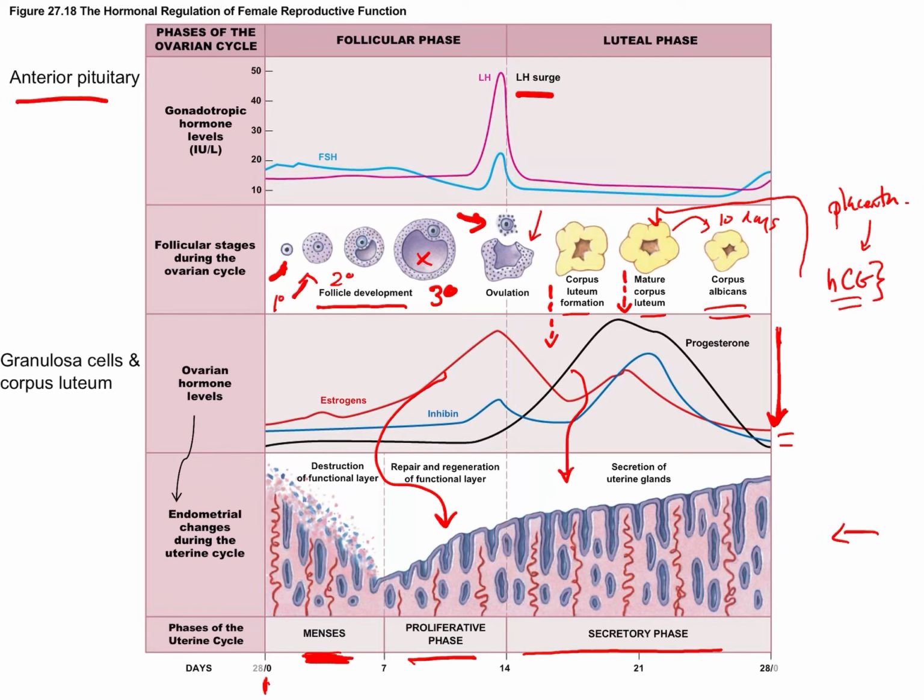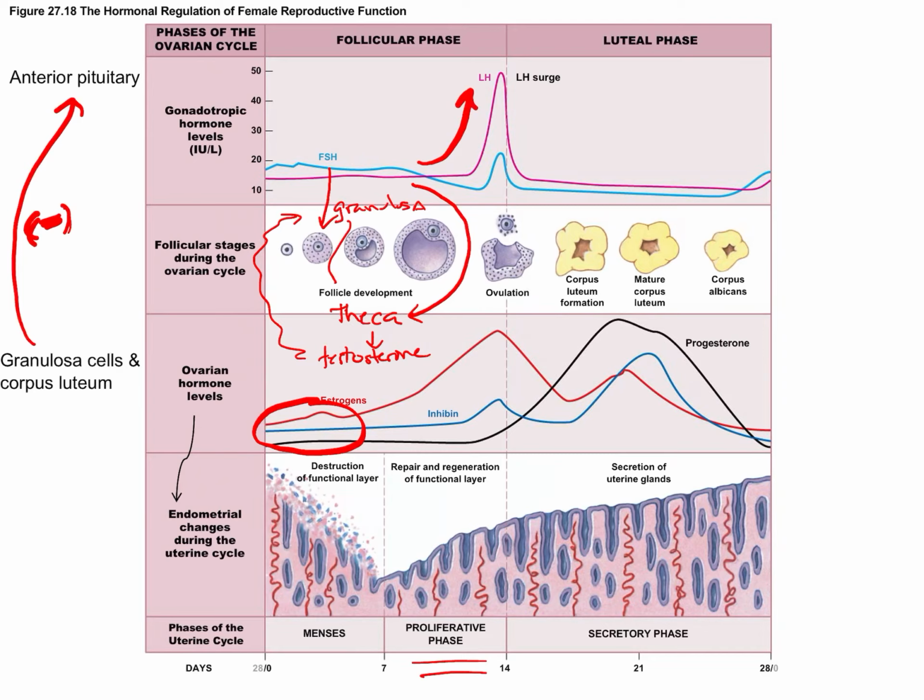However, in this case, it doesn't. There's actually a positive feedback loop here. The more estrogen that's being created will cause more LH to be made. And so more LH means more estrogen means more LH, and this is what creates that surge.